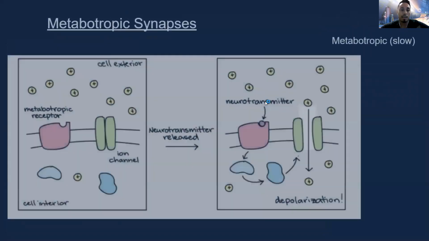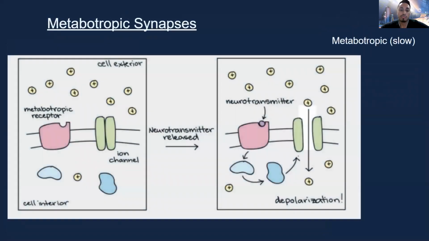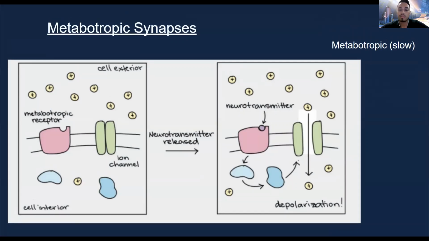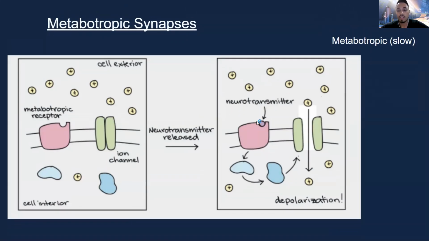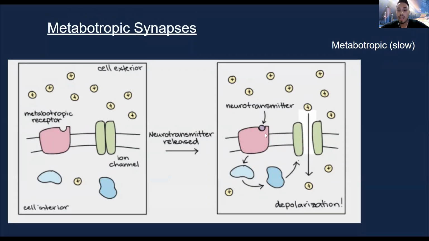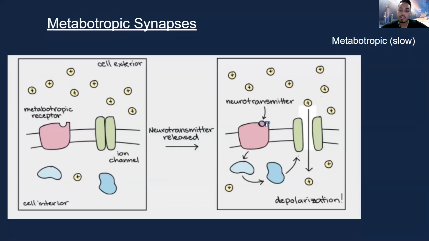Whereas metabotropic refers to an extracellular event occurring, and then it causes this whole signaling cascade to become activated. As you can see, this pink would be, for example, a G protein complex, and a neurotransmitter comes in and binds to it, and then this G protein complex enables these blue blobs here.